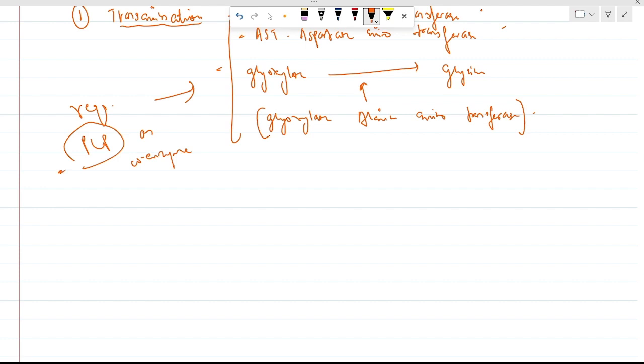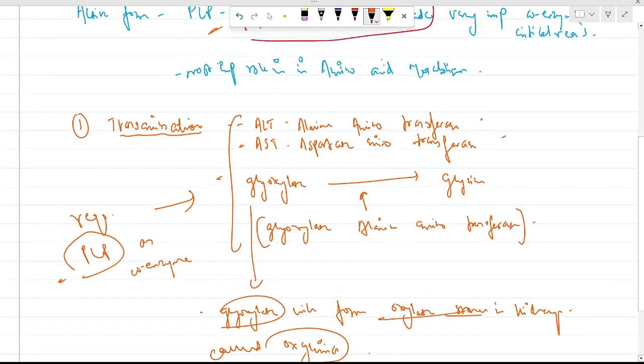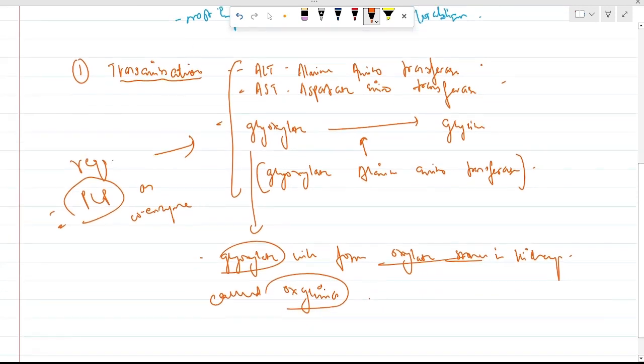As glyoxylate is involved here, glyoxylate will form oxalate stones in the kidneys, called oxaluria. Which coenzyme is involved here? PLP, or B6. You've seen this one, transamination.